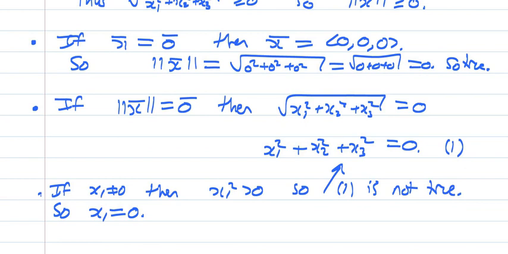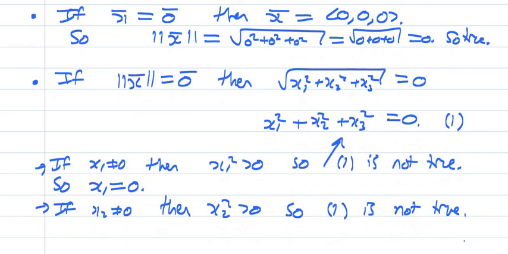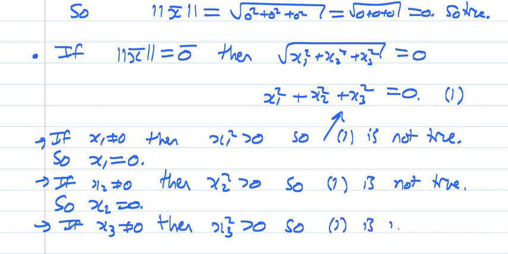Likewise, if x2 is non-zero, then x2 squared is greater than 0. So 1 is not true. So x2 must be 0. Likewise, if x3 is non-zero, then x3 squared would be positive. So 1 is again not true. So x3 is equal to 0.